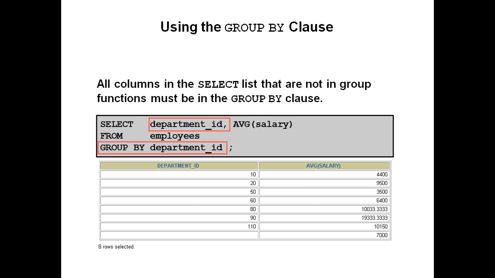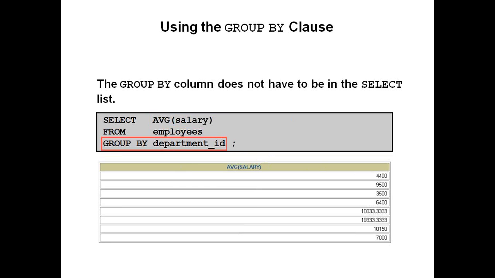Suppose in the select query you can see it is saying to select the department ID and the average salary from employees group by department ID. So what happens is Oracle will display the output like in each department what is the average salary. So it is going to display like that.